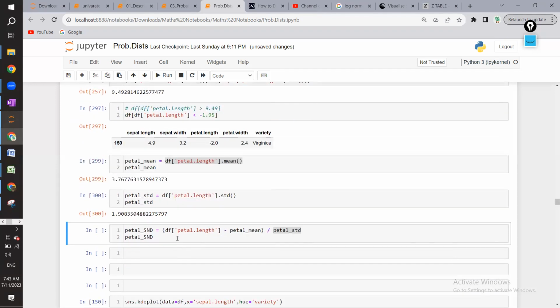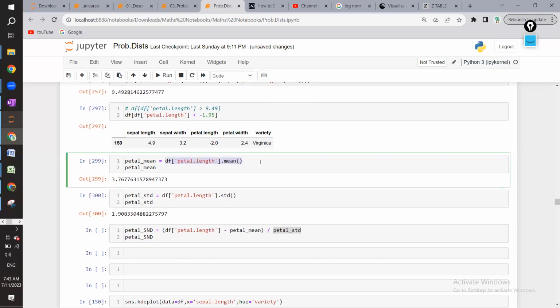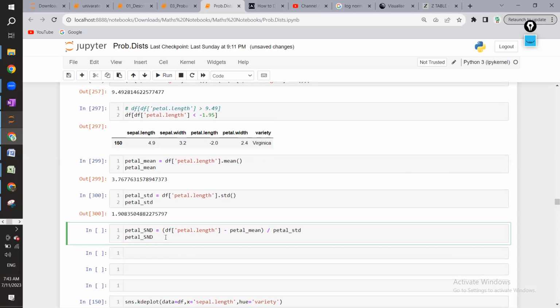If I want to convert this into standard normal distribution, I do x minus mu by rho.